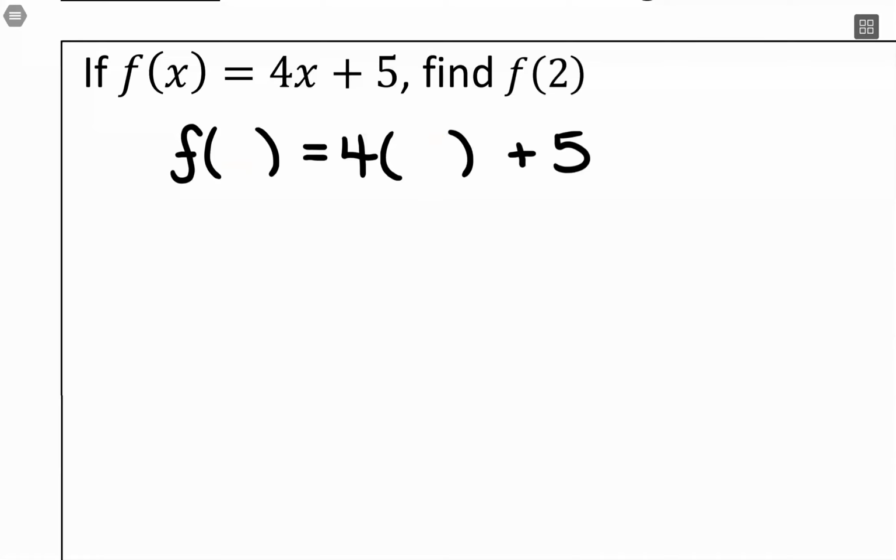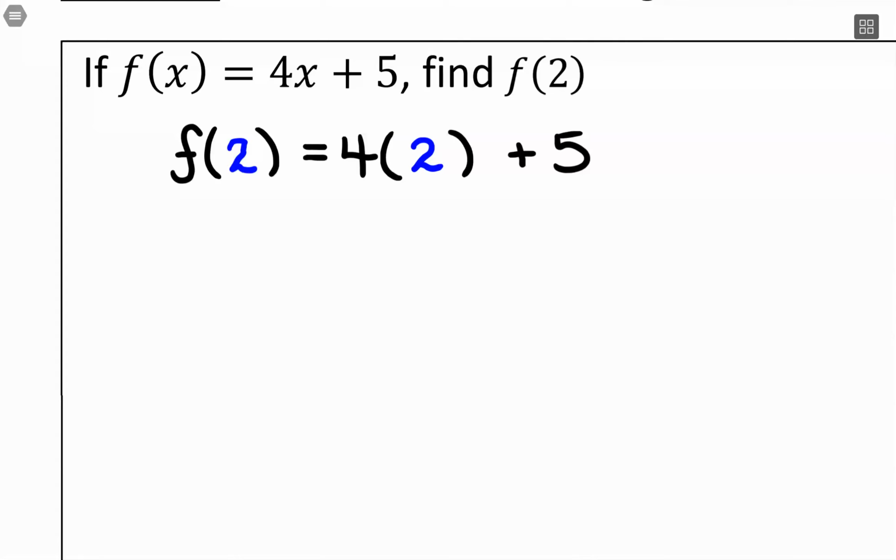If, for whatever reason, I plug in an elephant, I'm taking 4 times the elephant plus 5. So whatever goes in the parentheses for f is what goes into the parentheses where x is in the general structure. In this case, I'm plugging in positive 2. So where I had x before, I'm plugging in 2.